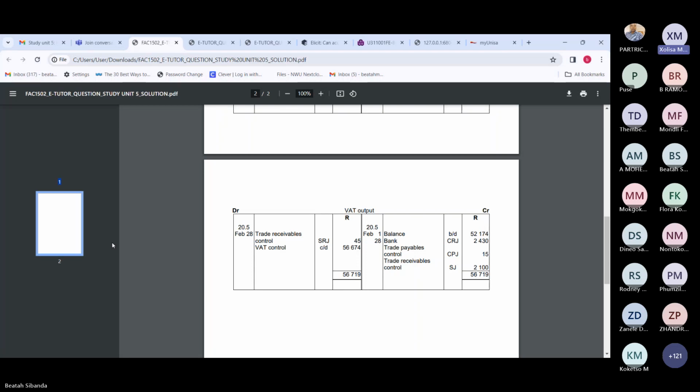So if I'm not mistaken, the 56,719 minus the 45 gives you a balance owing to SARS. In other words, if you have to produce your trial balance next month, the amount that you will show as owing to SARS on your output VAT is the 56,674. Everyone understand that? Yes, sir. Any additional questions?